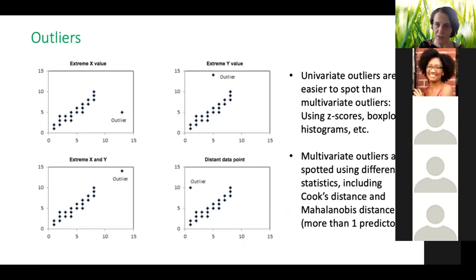Mahalanobis distance is another one that can be used to determine whether a value is a multivariate outlier or not. But as I said before, being an outlier as such is not necessarily problematic. A question is whether you're influential for fitting the regression model or not.